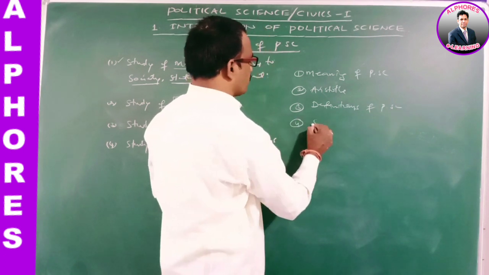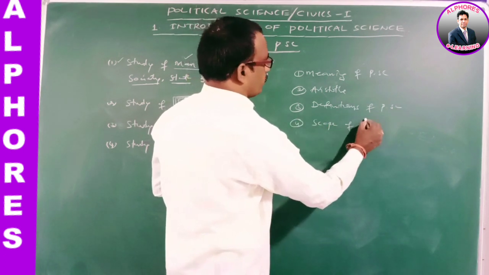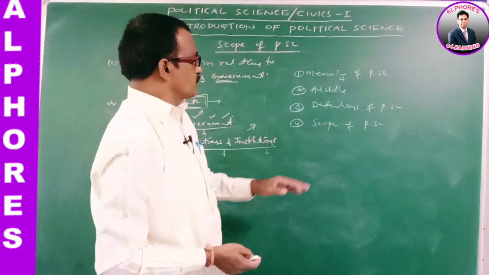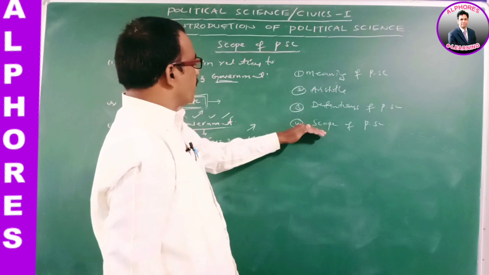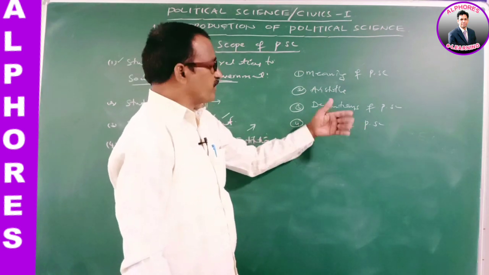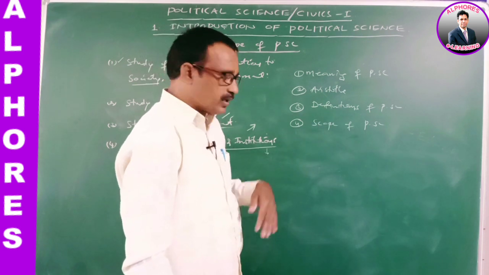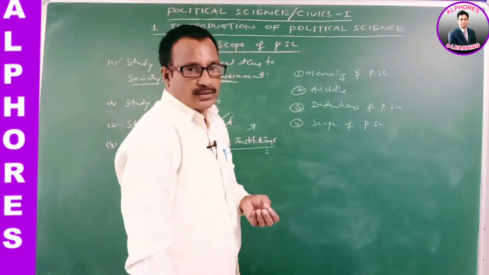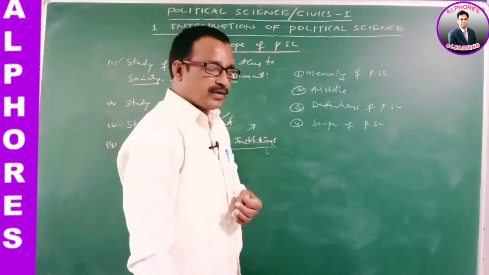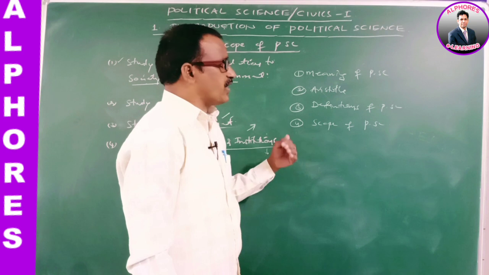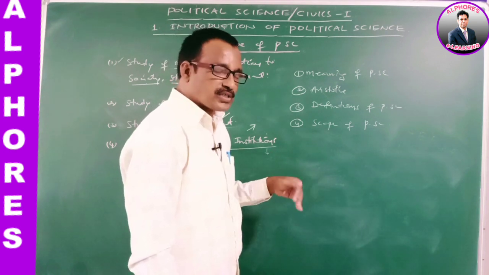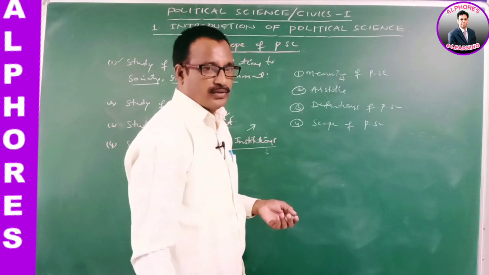Four important points of scope of political science. In the next class I will explain the remaining points of the scope of political science. Then we will discuss the remaining topics like the importance or significance of political science, then the relationship of political science with other social sciences, especially with history, economics and sociology.